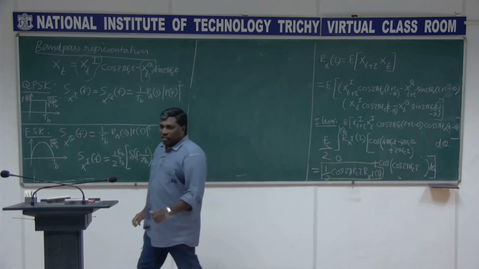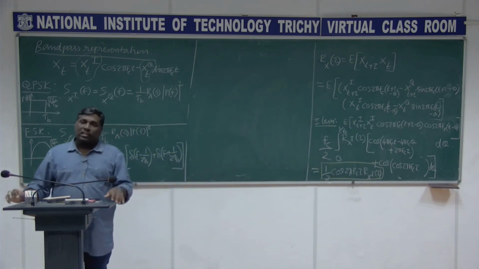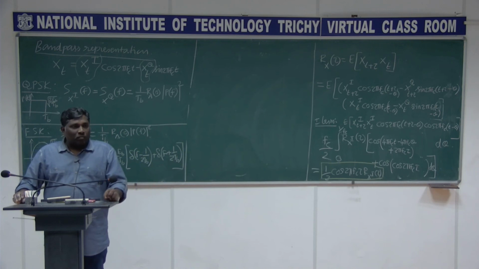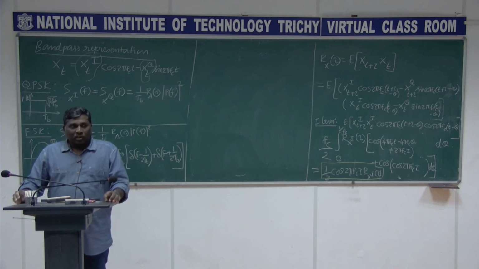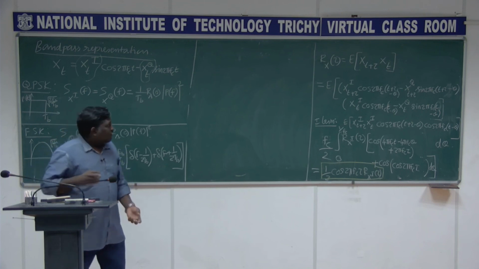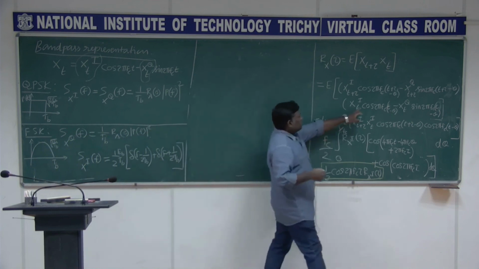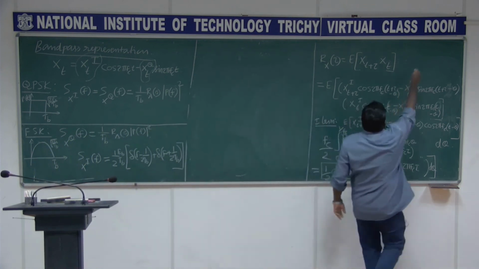For simplicity, and even true in reality, if you assume that the in-phase and quadrature components are independent and individually have mean 0, if that is the case, we have this Rxi. So I will write those steps here.